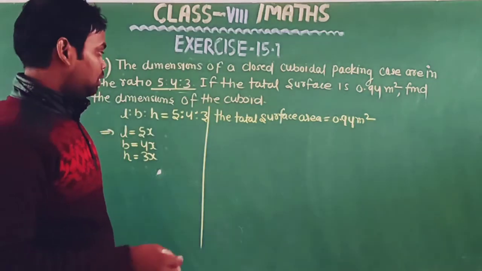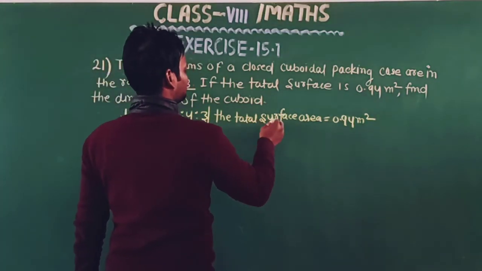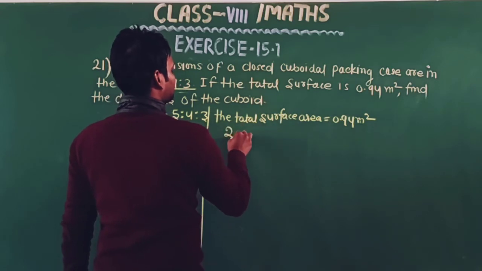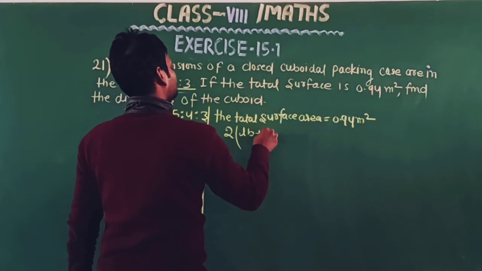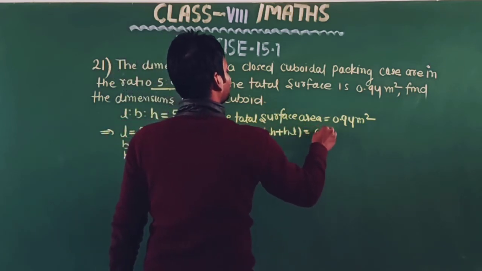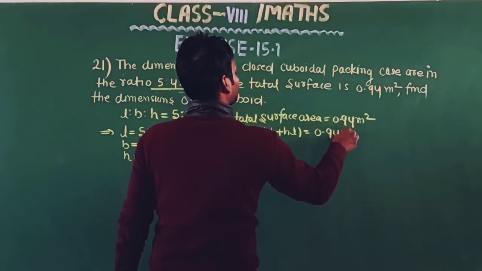So the total surface area of the closed cuboidal packing case is 2 into (LB plus BH plus HL), which is equal to 0.94 meter square.